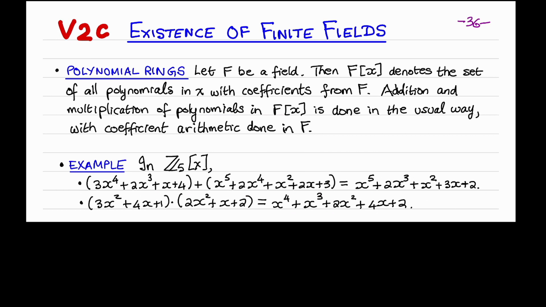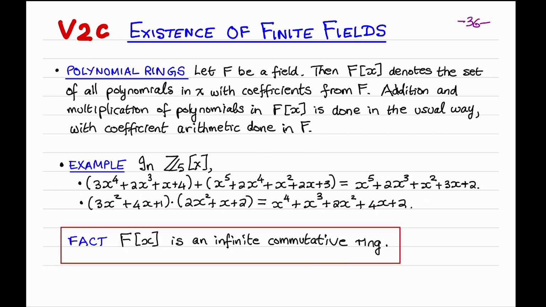This will help you get used to the fact that coefficient arithmetic in this example is done with integers modulo 5. A basic fact is that the set of all polynomials over a field F is an infinite commutative ring.